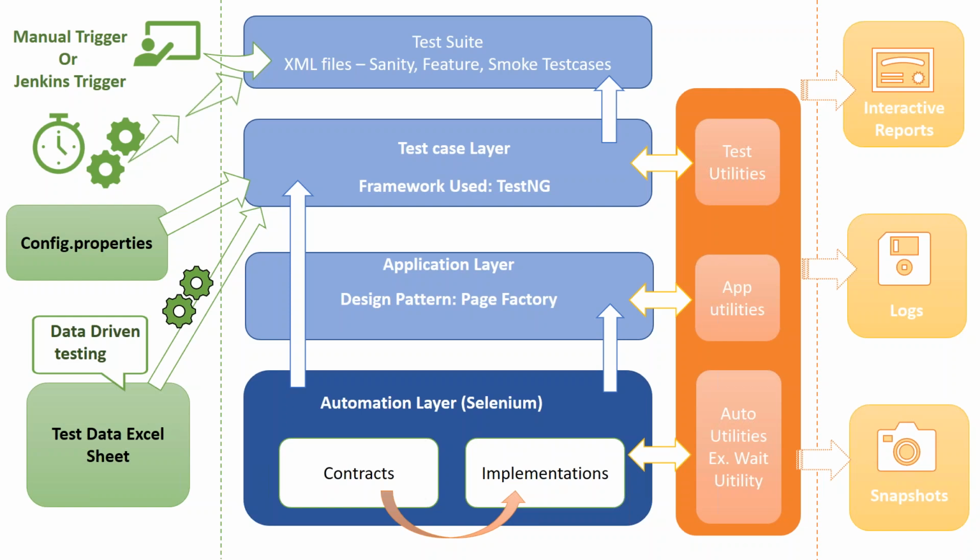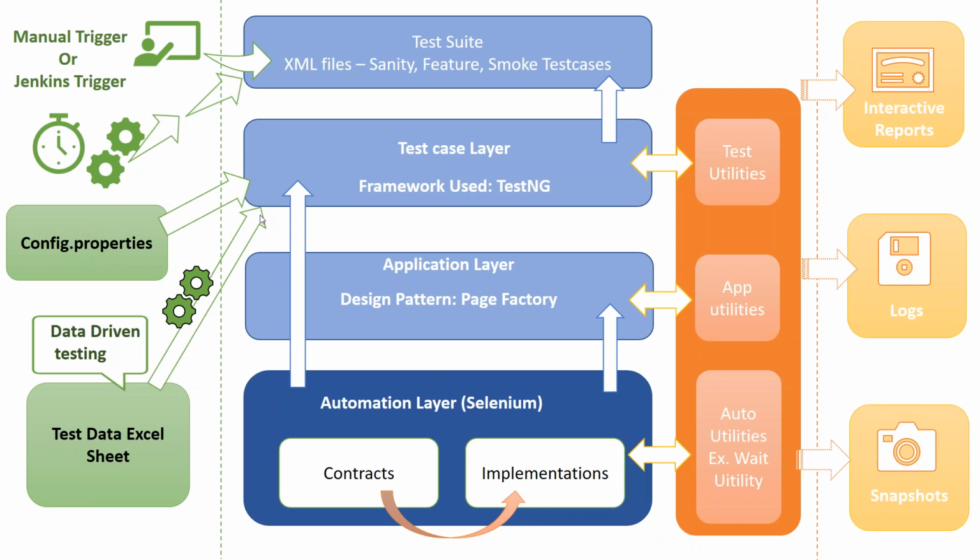If you see this framework carefully, there are three sections in it. The first section, which is in green, is basically the input part. From here we are taking input most of the time. We have a config.properties. First of all, we are reading that, and then config.properties gives us all the configuration related things.